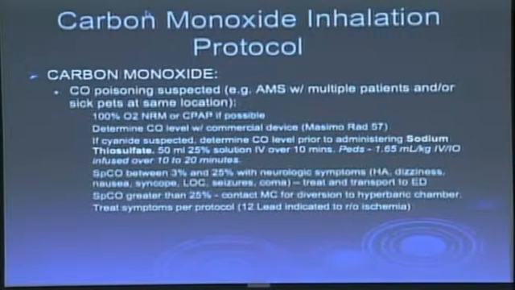Matter of fact, if you are a firefighter and after you clean up at a fire, you're supposed to check your CO levels. And if you have a CO level of up to 10%, you should be treated. And the fastest way to do that is just to use a CPAP with 100% O2 for about 30 minutes.